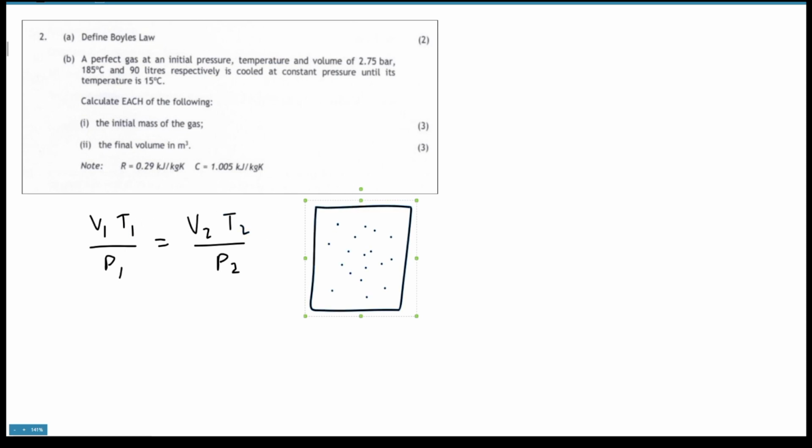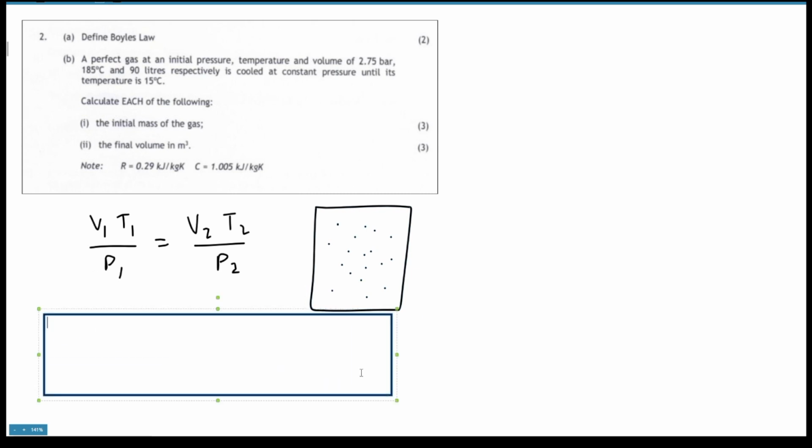So I think that's enough to just say it like that. We're going to say a gas, the pressure of a gas will increase if the volume is decreased, and vice versa, given that the temperature is held constant.